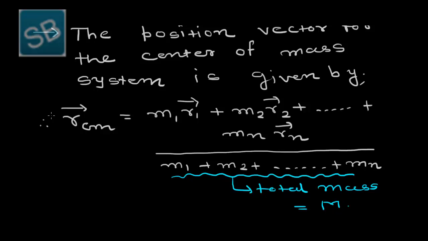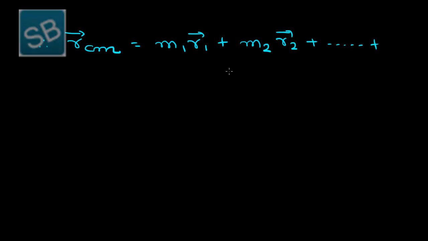And with this, now our equation will be RCM vector is equal to m1 r1 vector plus m2 r2 vector plus so and so mn rn vector divided by this capital M. Now, I am going to make a slight modification, because in examples or any illustration this will be very helpful to you.